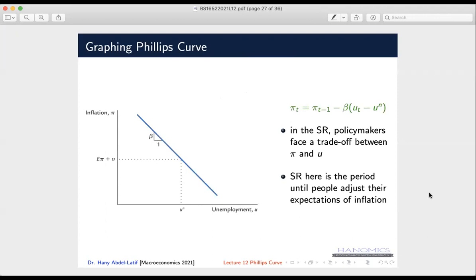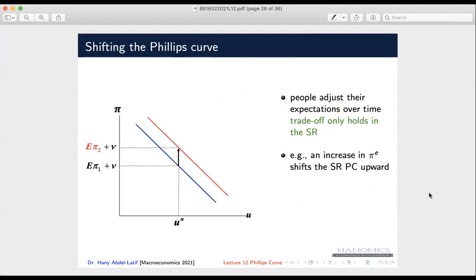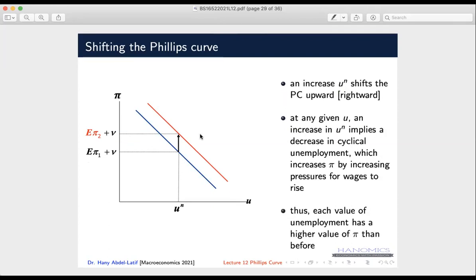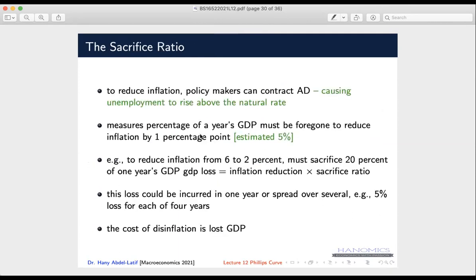In the videos, we explain how, when expectations change to higher inflation, the Phillips curve will shift to the right, or shift upward, like the red one here. That's because of changes in expectations of prices. We also briefly mentioned the sacrifice ratio, and again, this is another question in the tutorial sheet.